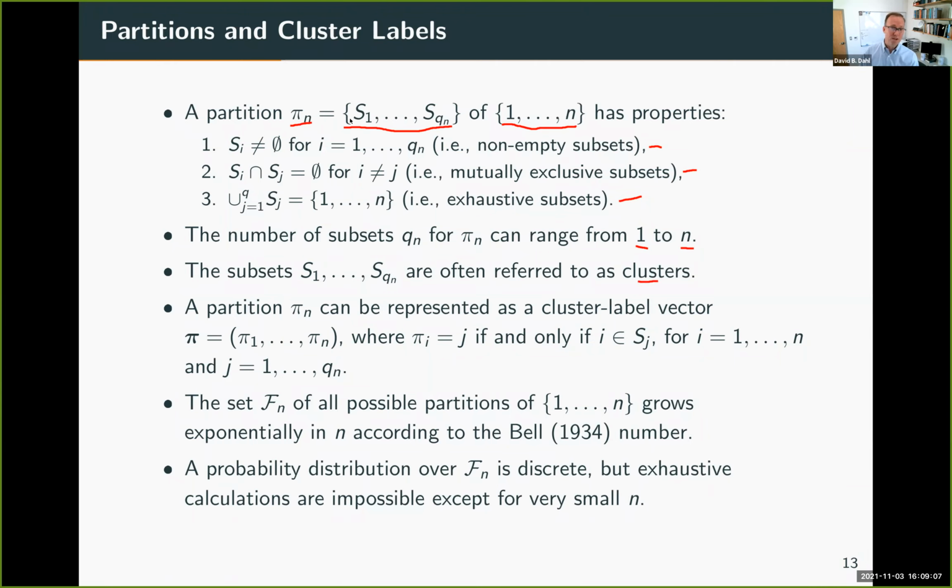And likewise, we might use partition notation, but we could also represent a partition in terms of cluster labels: pi 1 up to pi n, where pi i equals j if and only if i is an element of subset Sj. So we have a very big space of partitions of n items. It grows according to the Bell number, and we're talking today about probability distributions over this very large discrete space.